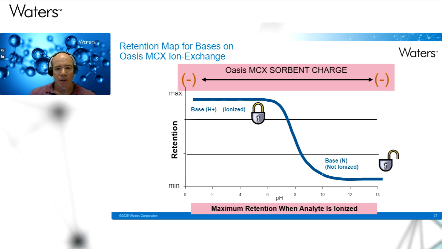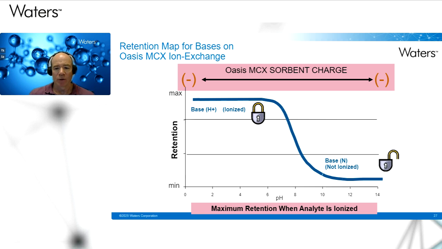One thing you notice is that in the middle, there's a very steep section of this pH curve. One of the things that's very important when doing method development is we want to stay at least 2 pH units away from the pKa of our analyte and our sorbent as well. So if we have a wash or a dilution somewhere around 6.5 to 9.5, we're going to be in that steep section.